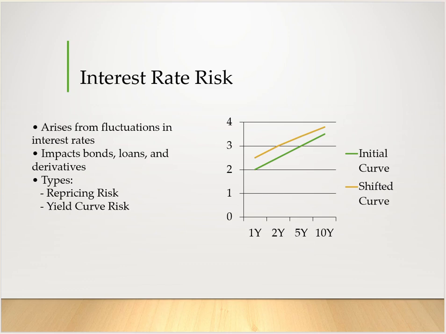Yield curve risk arises when the shape of the yield curve shifts. There is the positive yield curve, the negative yield curve, or the flattened yield curve. In a positive yield curve, long-term interest rates give you a higher return as compared to short term. In a flat yield curve, there is no fluctuation in the interest rate across your investment duration, long term or short term, you receive the same rate of interest.